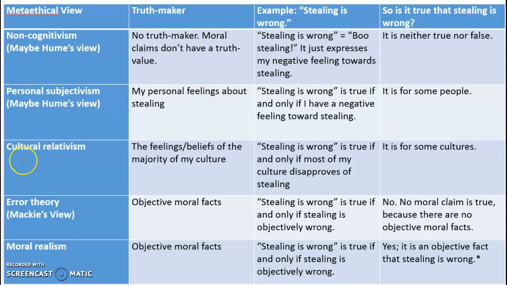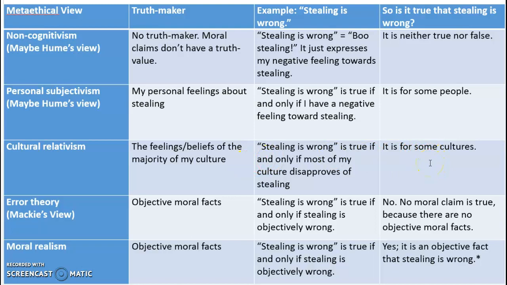Cultural relativism is like personal subjectivism except expanded to an entire culture. The truth maker for your moral claim is the feelings or beliefs of the majority of your culture. So on this view, stealing is wrong is true if and only if most of my culture disapproves of stealing. So, is it true that stealing is wrong?